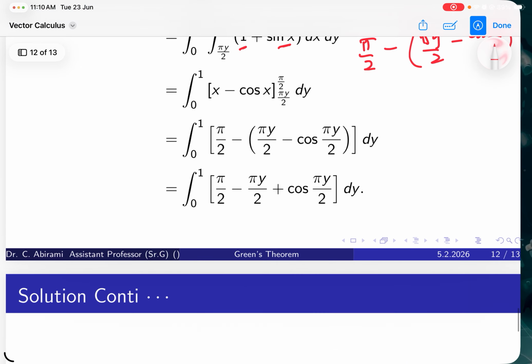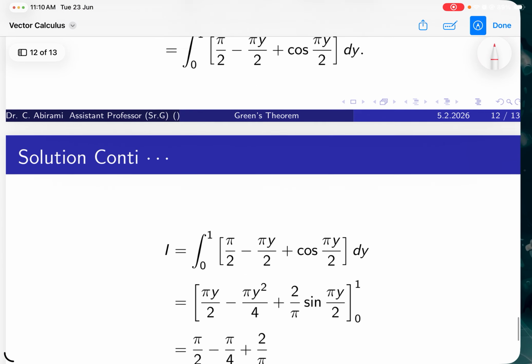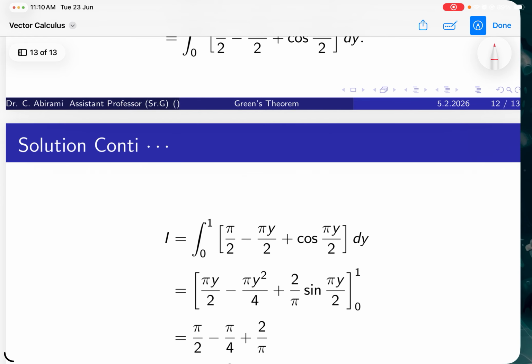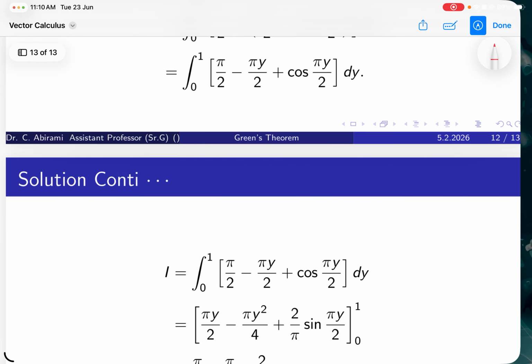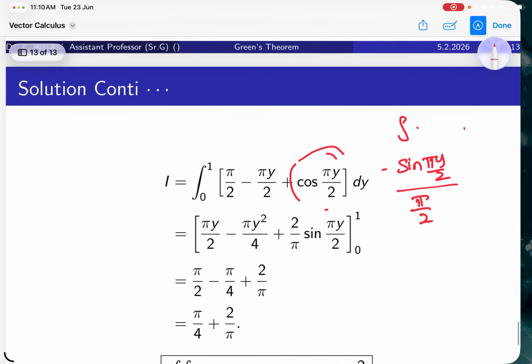Now you can integrate with respect to y. So pi by 2 y minus pi y squared by 4 plus the integral of cos, which is sine, so sine of pi y by 2 divided by pi by 2. This 2 goes to the numerator. So 2 by pi sine pi y by 2.